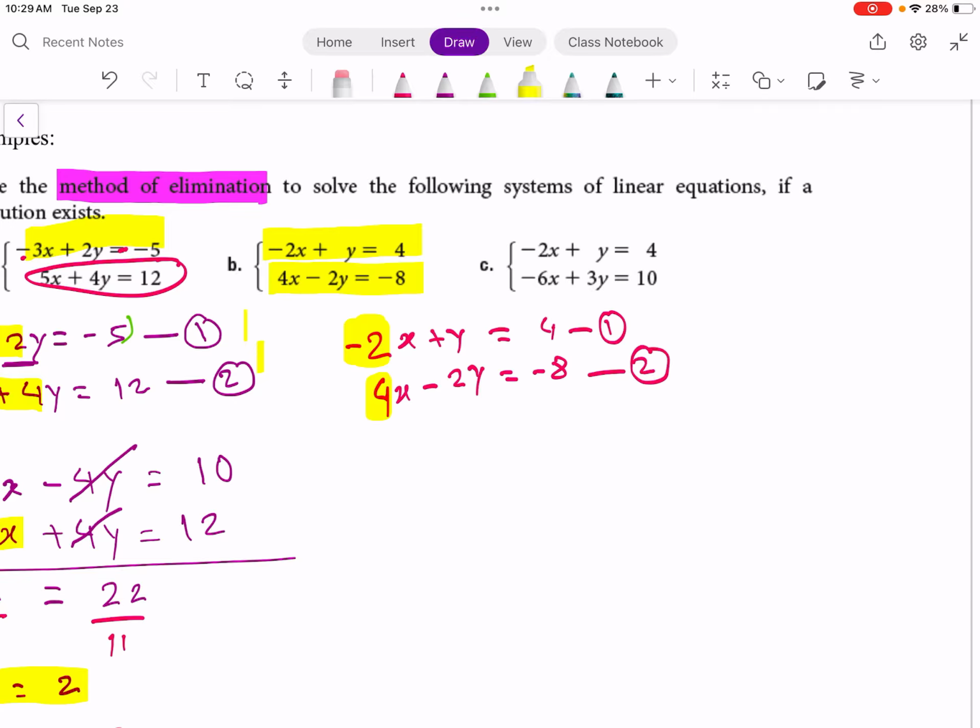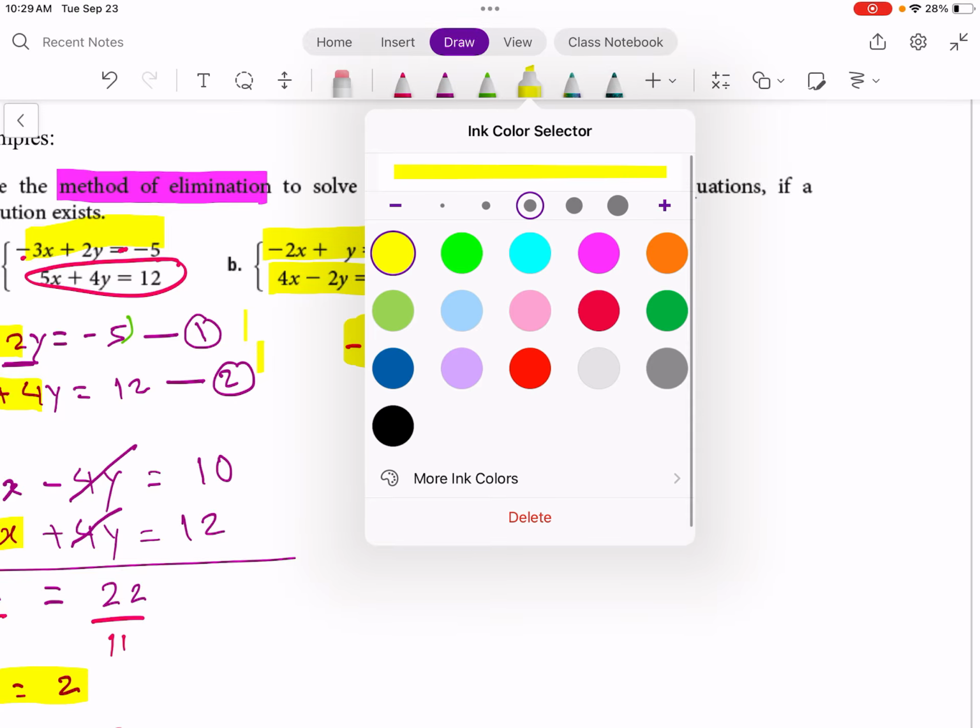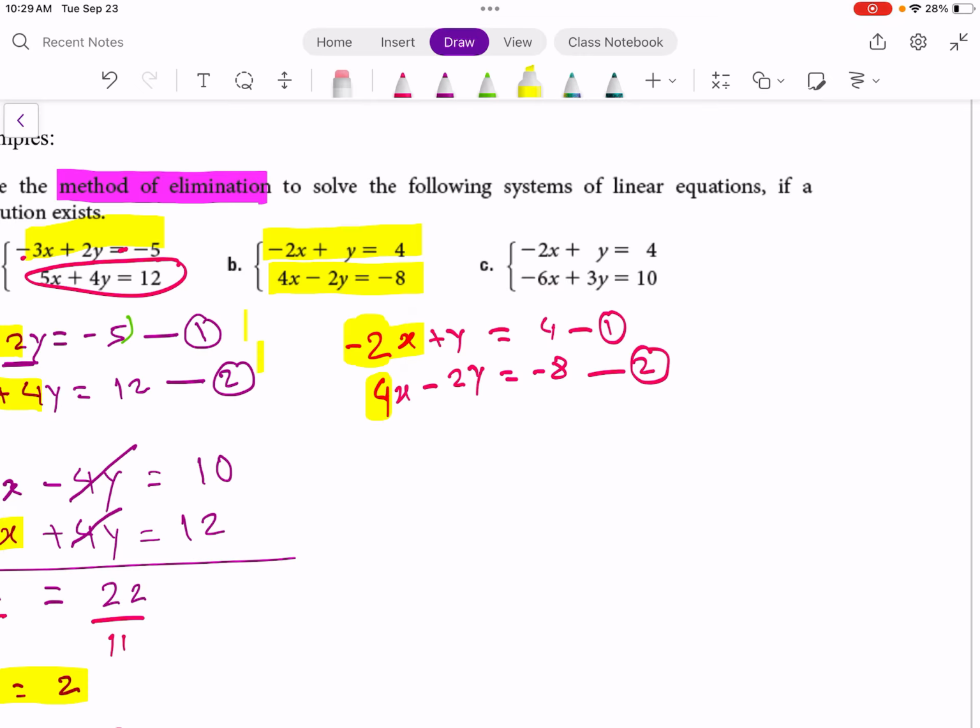Now how do we make this negative 2x a negative 4x? By multiplying by 2. So let's multiply this equation by positive 2. Not negative 2, okay? If you pick negative 2, we get negative 2 times negative 2x, positive 4x, and plus that 4x from equation 2, it makes 8x.